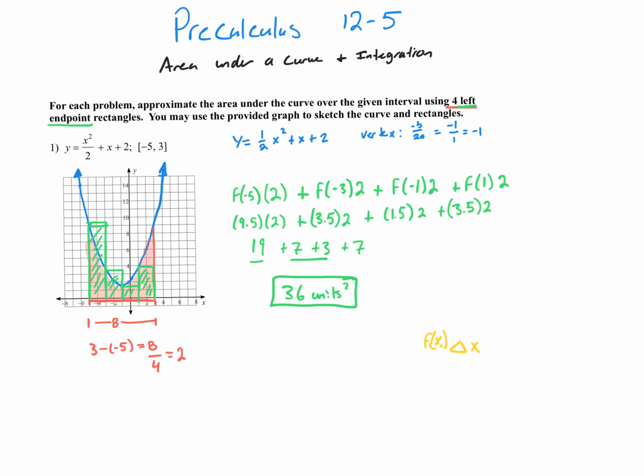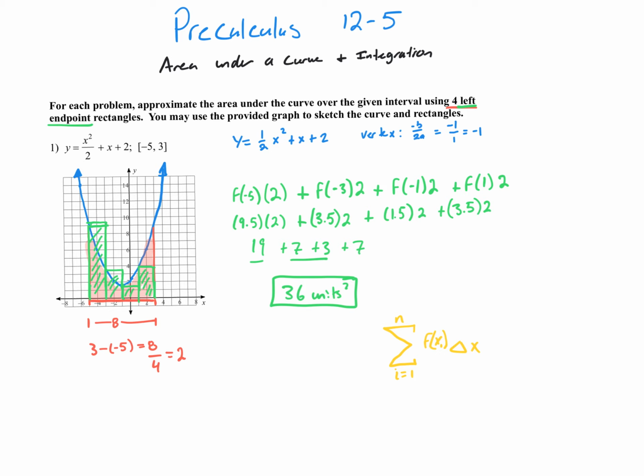But then what we're going to do is sum it up from i equals 1 up to n. So the first option would be if I just used 1, I'd be using one rectangle. N would be how many rectangles I have. So we'll just keep going on from there.